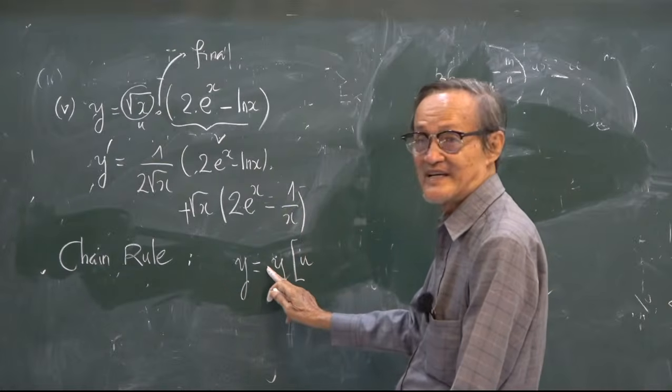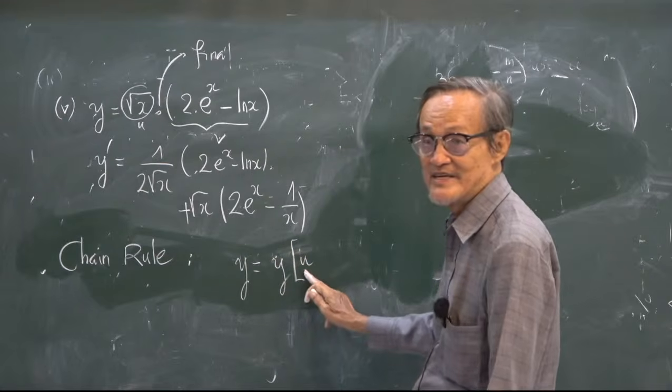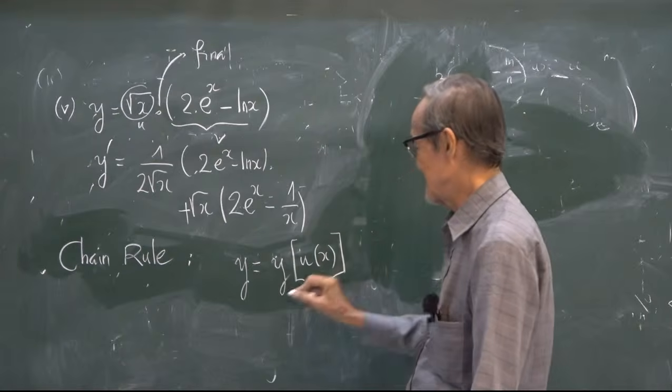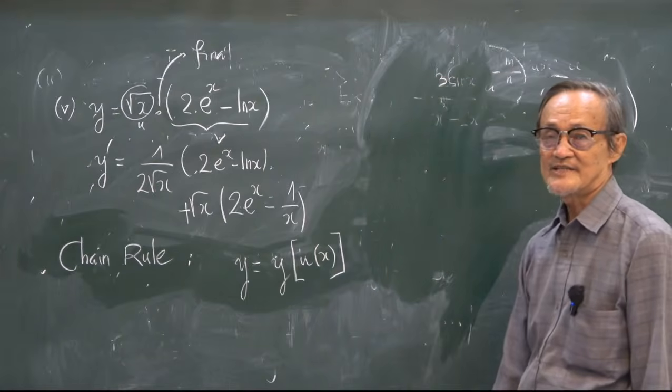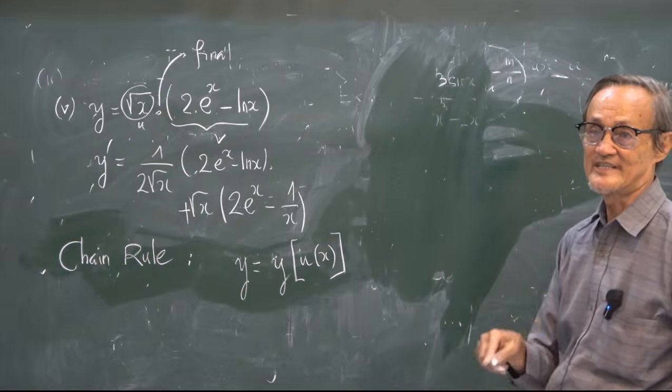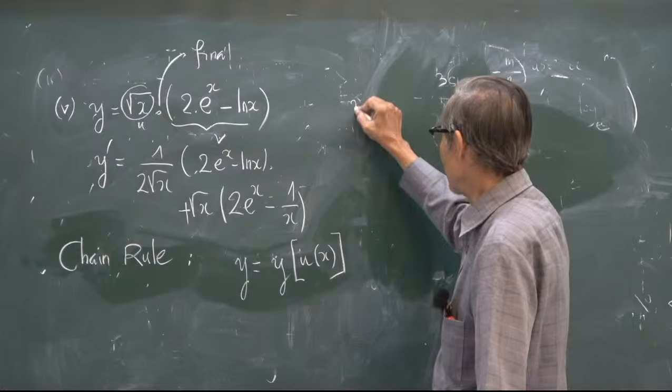This is called a composite function, a function of a function. Now we have the chain rule.